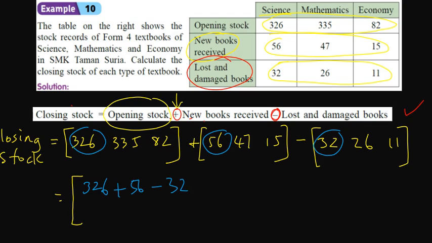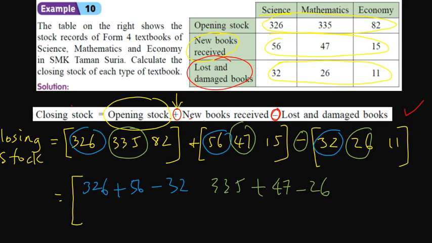And then your 335 you plus with your 47, and then you minus with your 26, and finally, we use the red color, 82 plus 15 and minus 11.